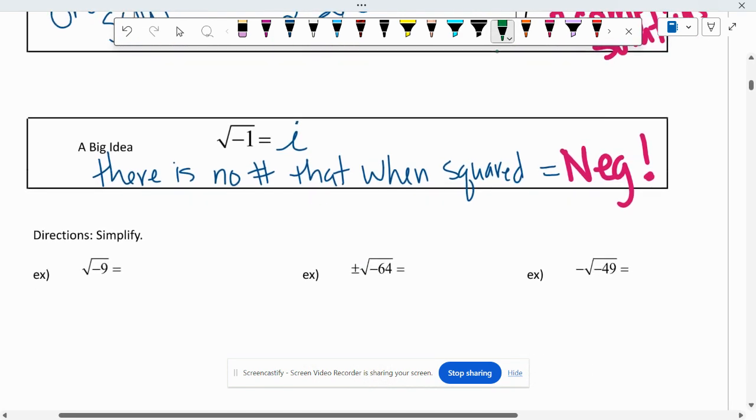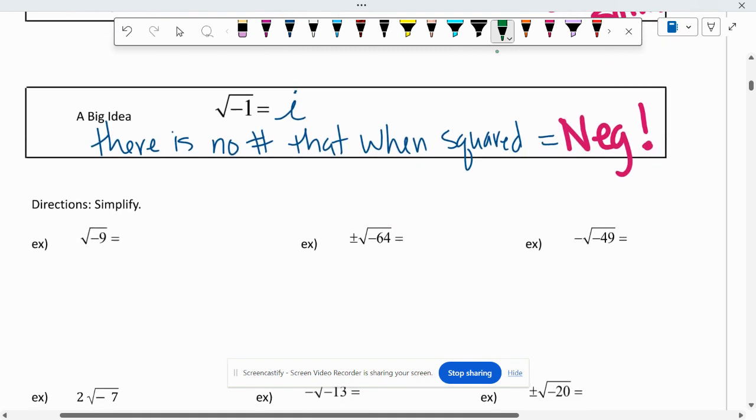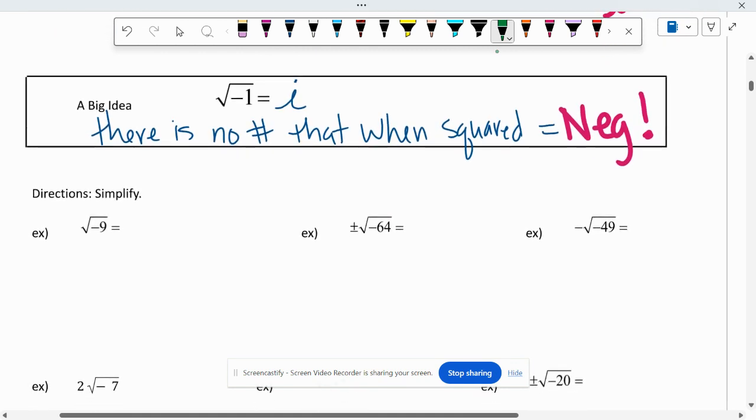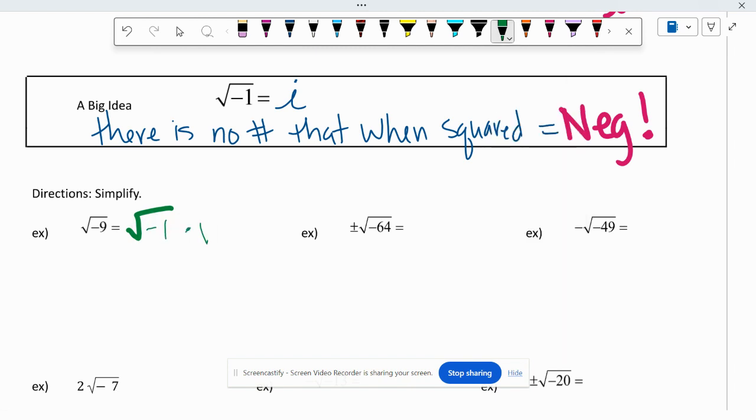So we do this by rewriting it as a product, right? And remember whenever we break up a radical and we write it as a product, we want to write it as something times a perfect square, right? Well, now we want to write it as the square root of -1 times a perfect square. And then if we still need to break it down more, we can. So when I look at the square root of -9, I'm going to rewrite this as the product of the square root of -1 times the square root of 9.